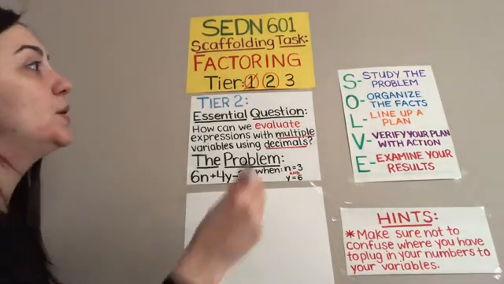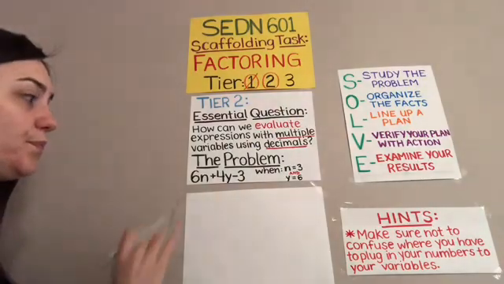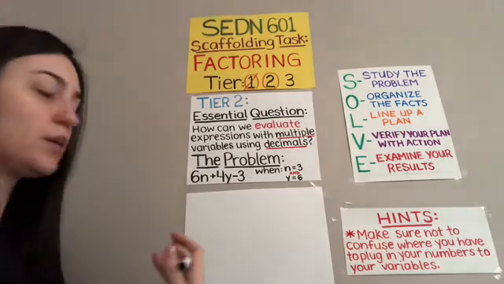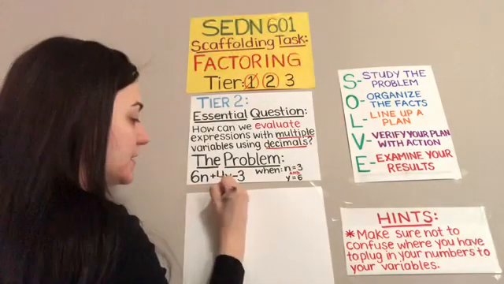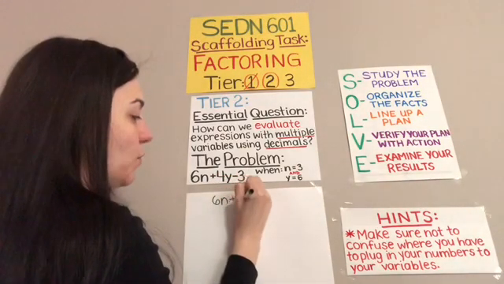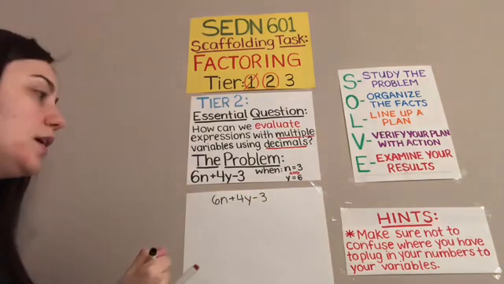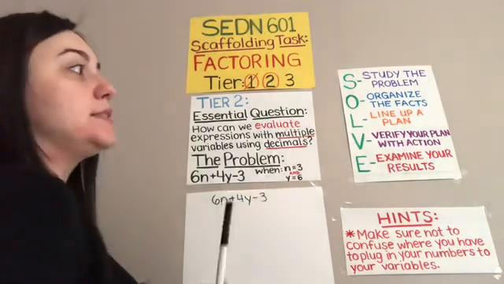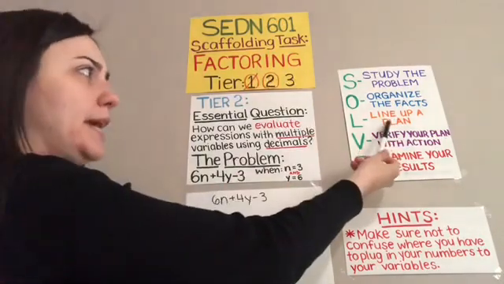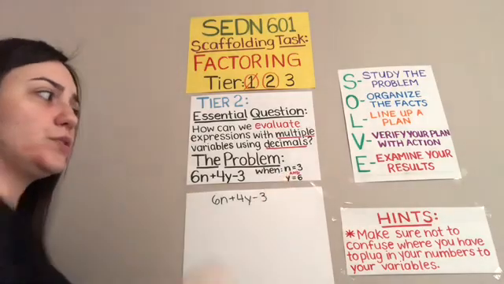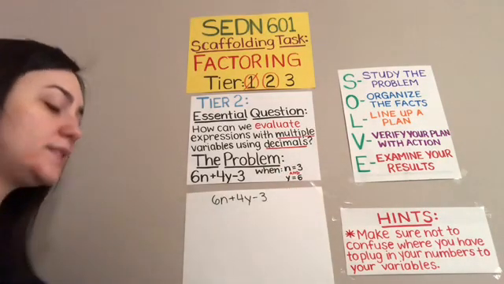So study the problem. We're looking at the problem and we might as well rewrite it so we can start working on the problem. So 6n plus 4y minus 3. So now organize the facts and line up a plan. So the facts that we have are we know that n equals 3 and we know that y equals 6.